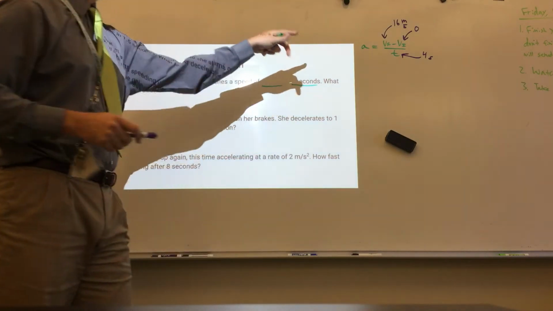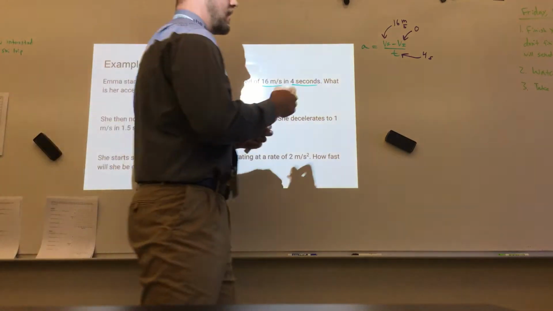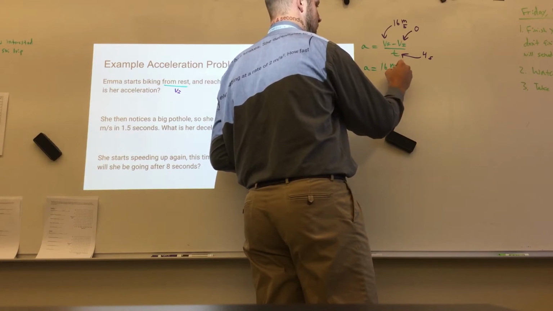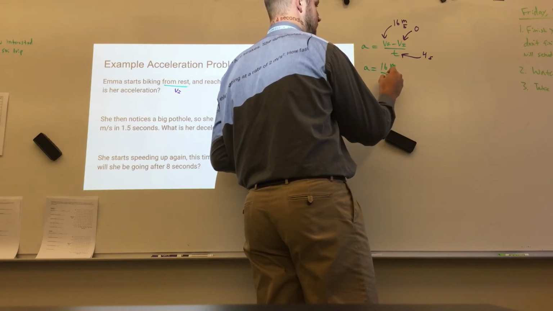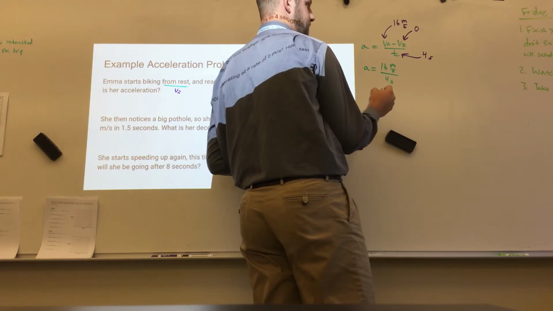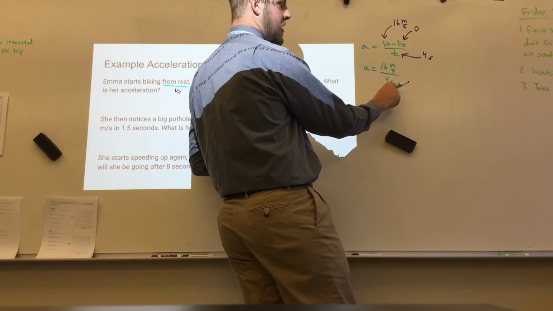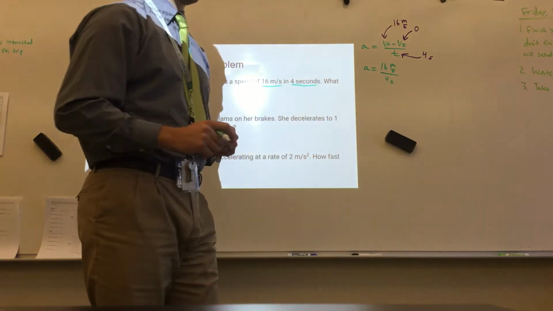I'm going to rewrite this equation with that a little bit cleaned up here. a is equal to 16 meters per second divided by 4 seconds. Because seconds is in the denominator here and then it's being divided by again here, it actually doesn't cancel out.